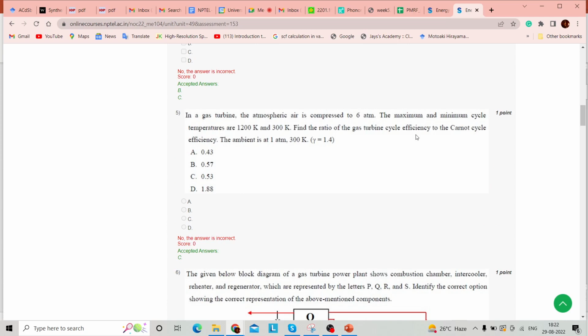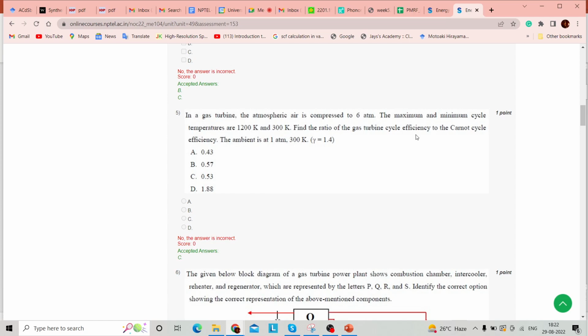Find the ratio of the gas turbine cycle efficiency to the Carnot cycle efficiency; the ambient air is at 1 atmosphere and 300 Kelvin. I got the answer as 0.43, ma'am, but you have given 0.53. Okay, I didn't solve it; I will check and get back to you. If it is 0.43, then I will inform them to correct it accordingly.